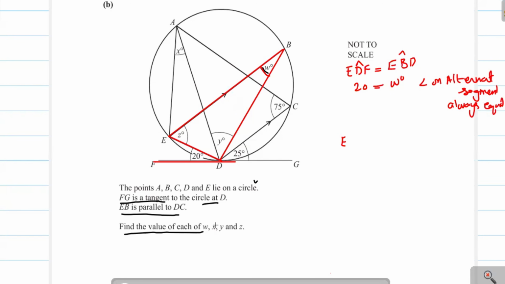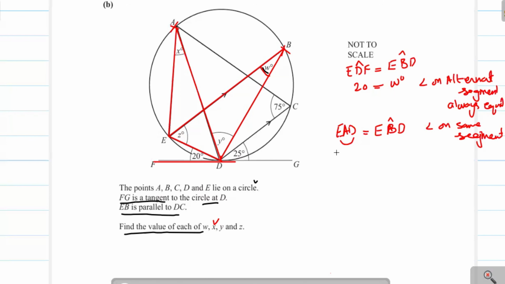We have to find the angle X. You see here the angle X is EAD, and this angle is formed by the chord ED. This chord ED makes an angle at the circumference at A, and it also makes an angle on the circumference at B. Therefore, angle EAD will be equal to angle EBD, angles in the same segment.